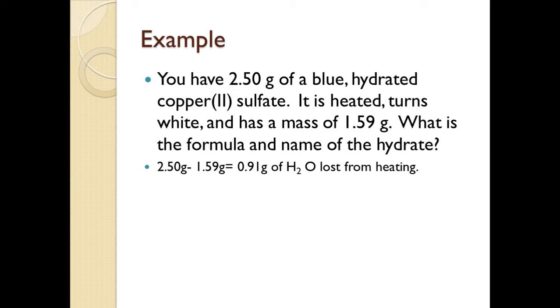If you take 2.50 and subtract 1.59, you get 0.91 grams. That is the amount of water that was lost from heating. So the heat was applied to the copper 2 sulfate, the water burned off, and you have an anhydrous form of copper 2 sulfate remaining. You need to subtract these two numbers to figure out the amount of water that was lost from heating.